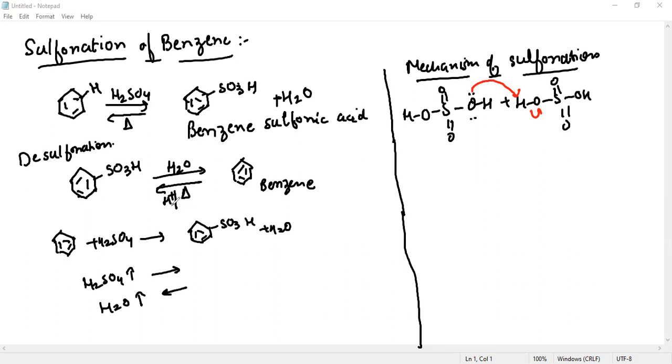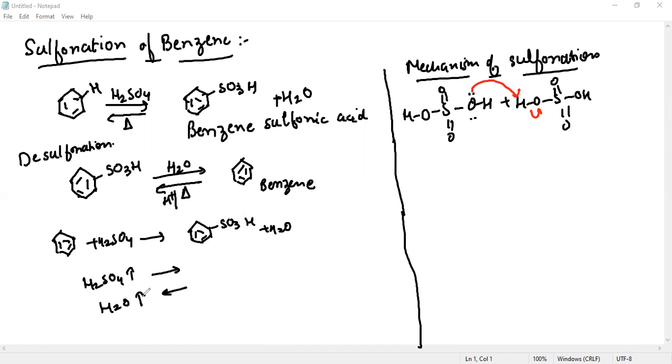Okay. Now let's talk about this reaction here from the point of view of Le Chatelier's principle. So if you have benzene ring, you add H2SO4, it makes benzene sulfonic acid.